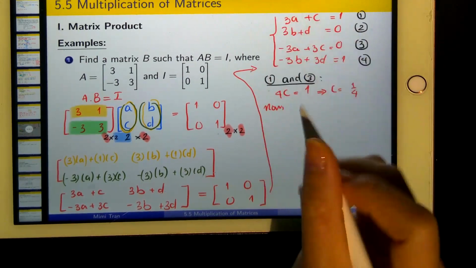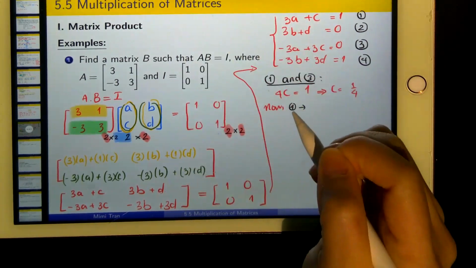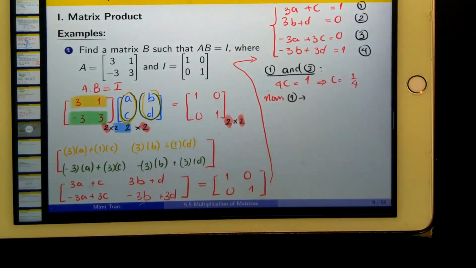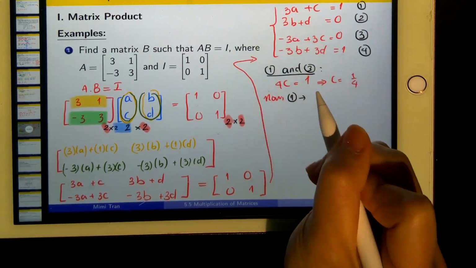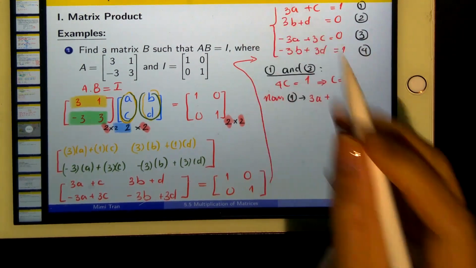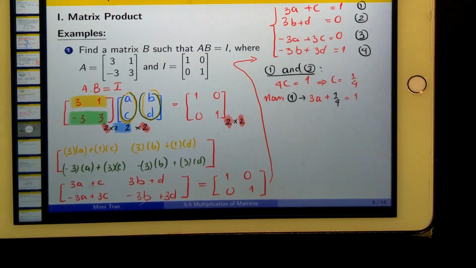Now you plug c into equation 1. Three a plus 1/4, because c is 1/4, equals 1.